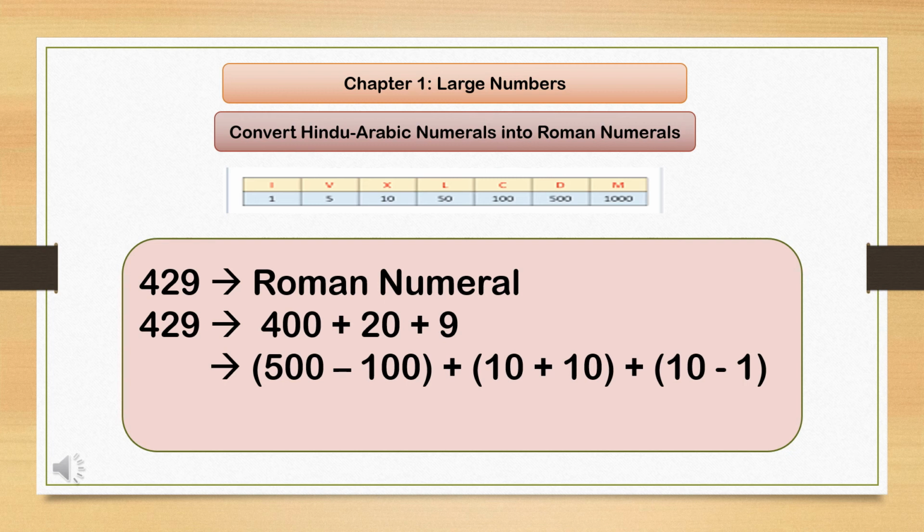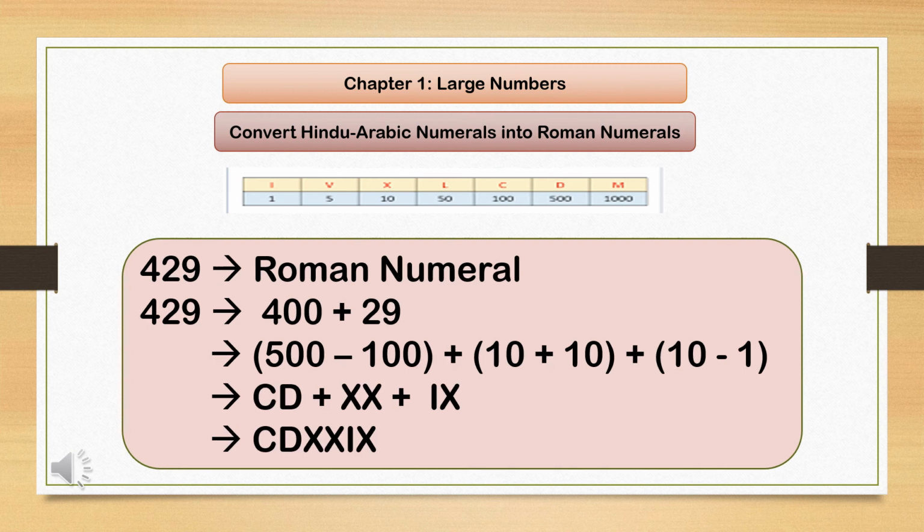Right? Next we have 20. We can write 20 as 10 plus 10. Next we have 9. We can write 9 as 10 minus 1. Let's write the required symbols for the numbers.